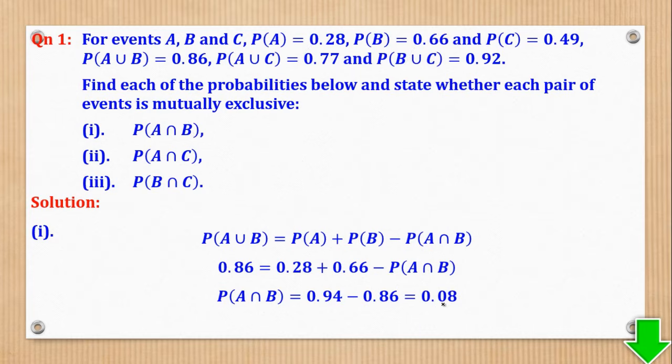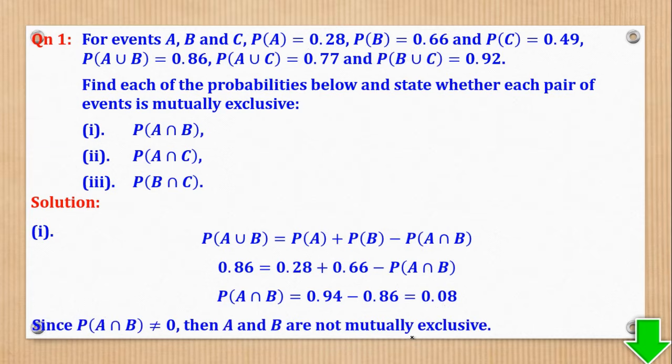Now, because it is not equal to 0, it implies that they are not mutually exclusive. So that is why I told you that when they talk about mutually exclusive, always remember that the intersection must be 0. So that is event A and B.